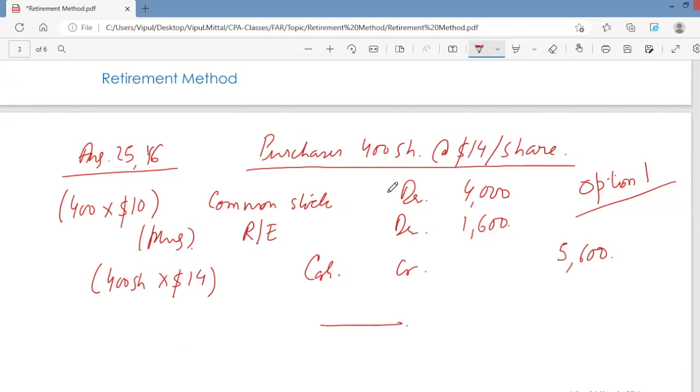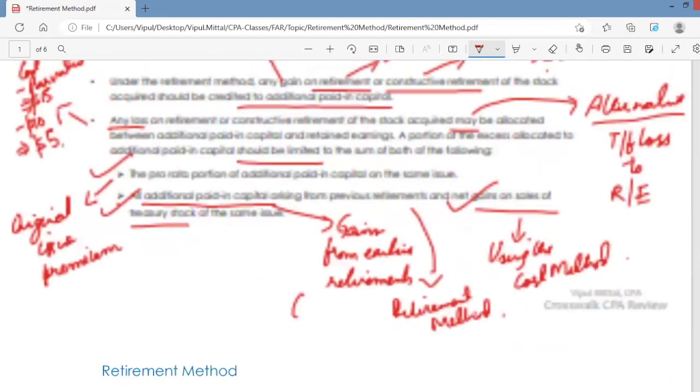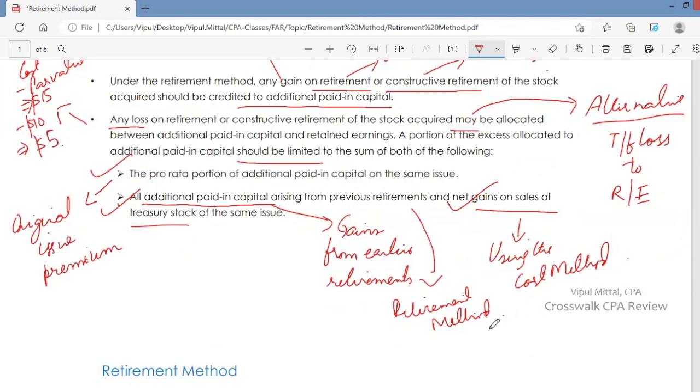What is that limit? This is the limit. Original issue premium and any additional paid in capital from earlier retirements, if you're following the retirement method. If you're following the cost method, any gain on sale of treasury stock. Here we are following the retirement method.